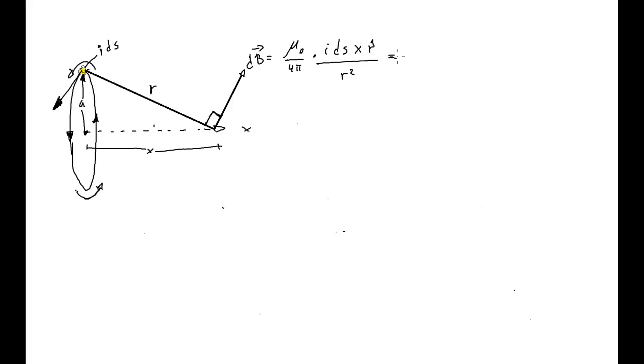Sine of 90 degrees is 1. So the magnitude of this is just going to be dB.